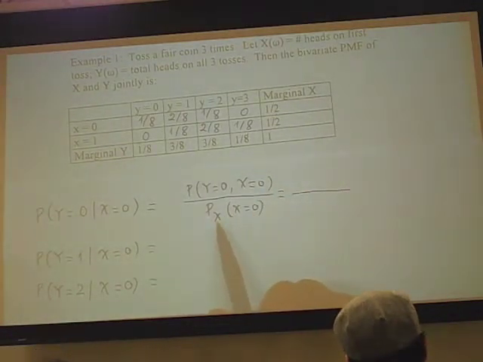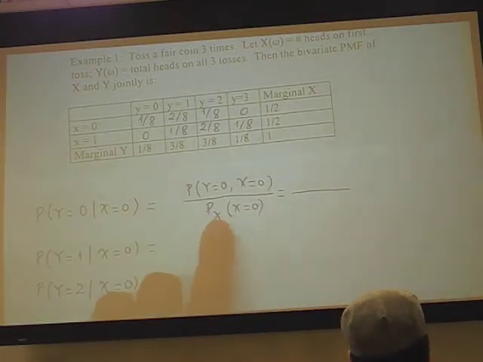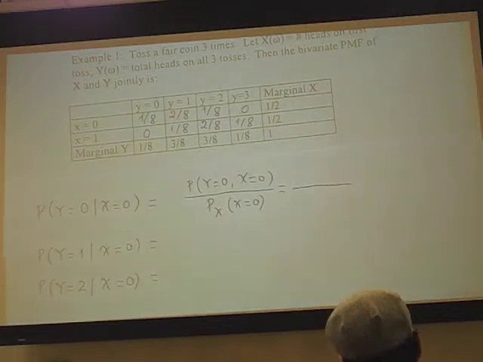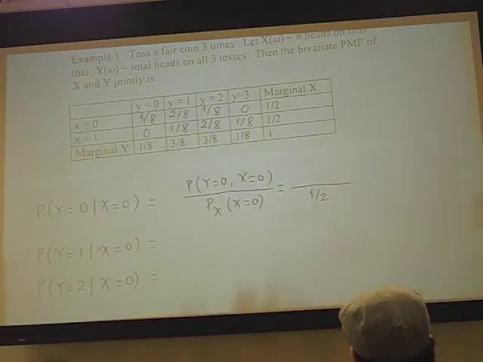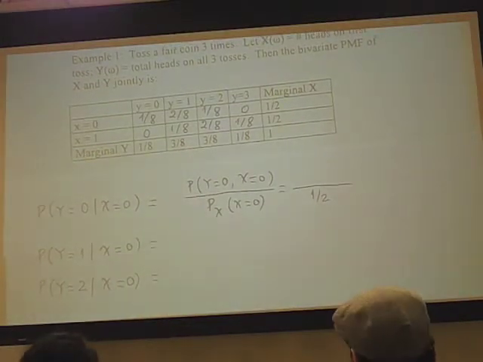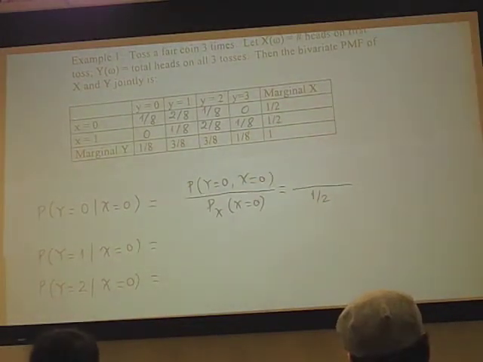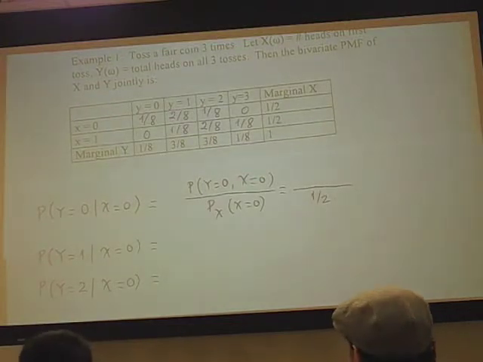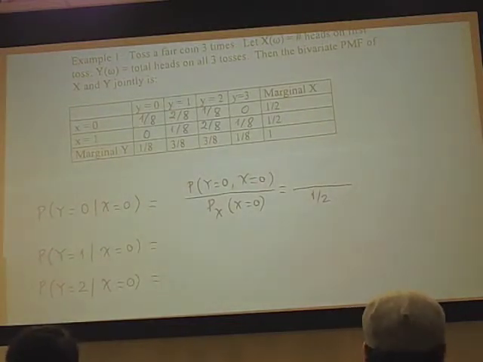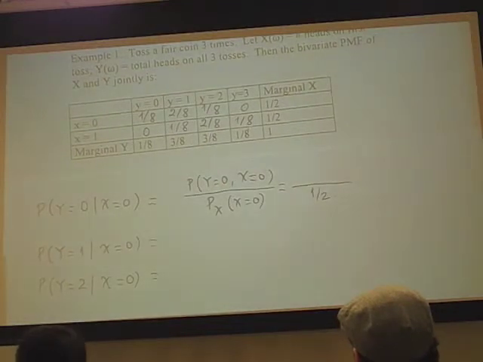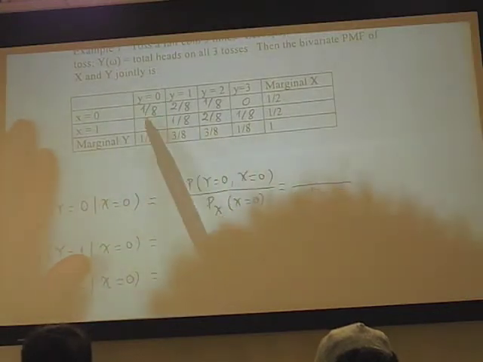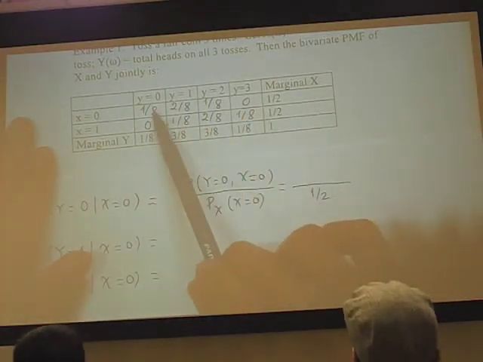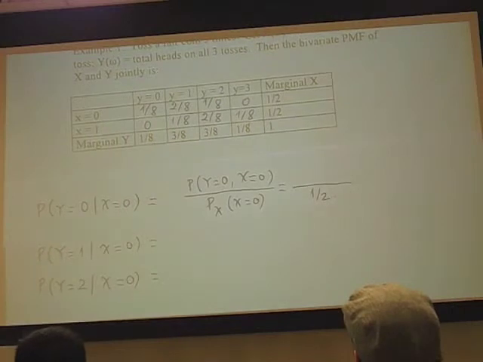What is the marginal probability of x right here, and how did you get it? Explain it to me in words. Probability of x equal to 0, that means that I'm going to hold what? And sum across, right? So what is that? X equal to 0, and then you sum over y, exactly, that one is 1/2.